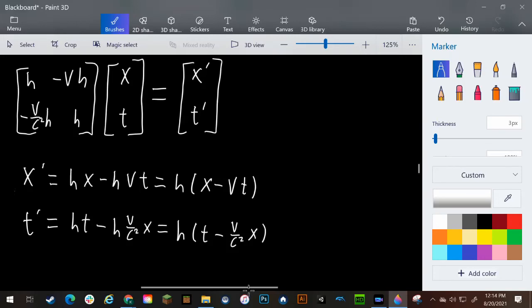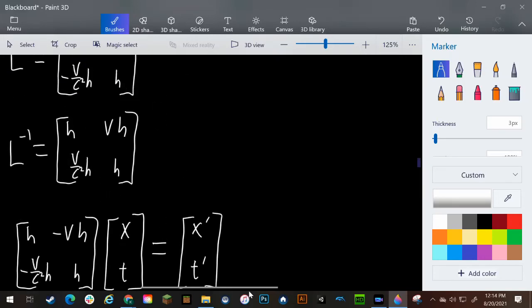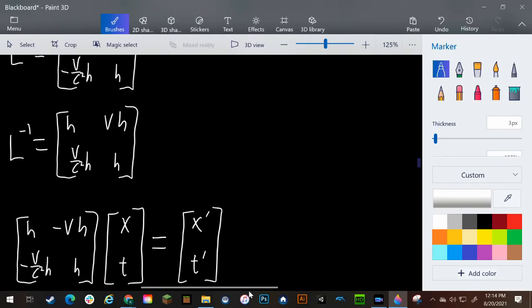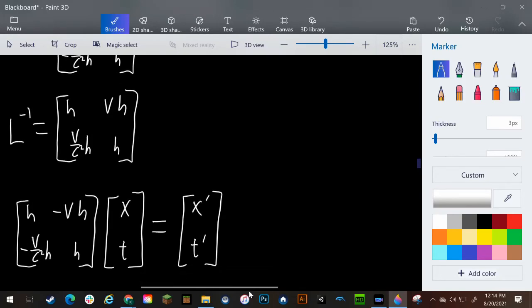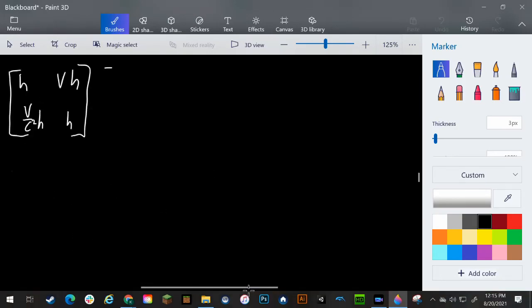Well, now we can use L inverse that we solved for to take x prime t prime back to x t. So what will happen if we apply this inverse transformation to the vector x prime t prime? Well, remember, this just takes us back from Carl's reference frame to Bob's reference frame where we started. So this is just going to give us back the vector x t we started with.